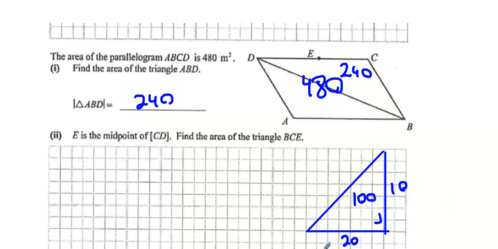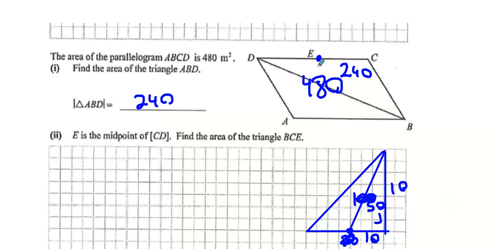What happens if you half the base? What happens if it's no longer 20, but it's 10? What's the new area then? Yeah, if you half the base, you half the area because 10 times 10 is 100. Half of 100 is 50. So what happens if you half the base?